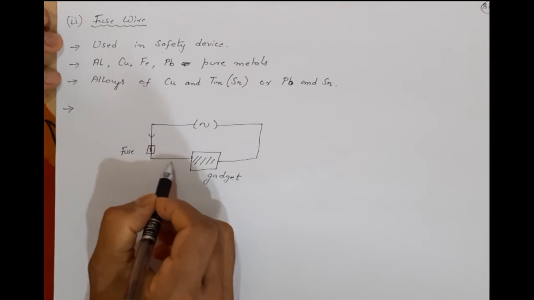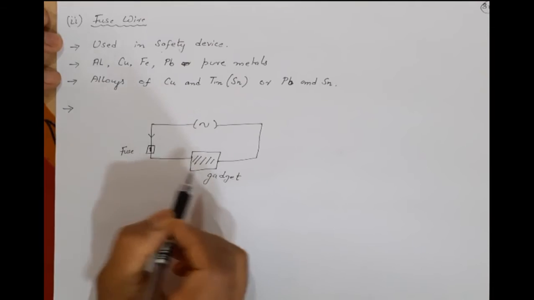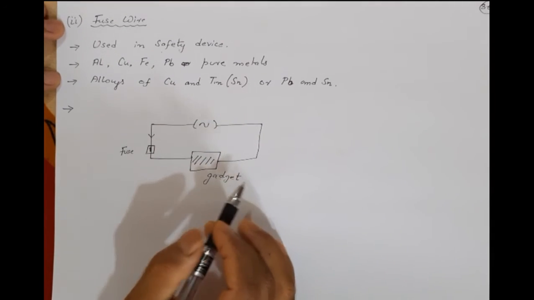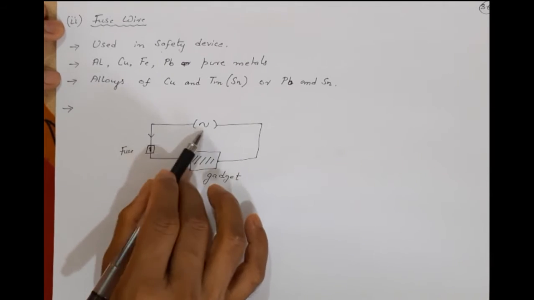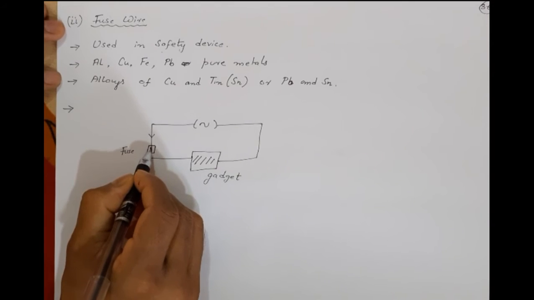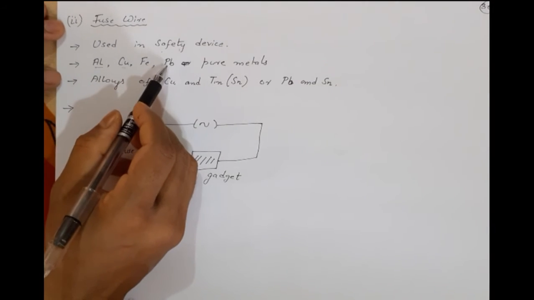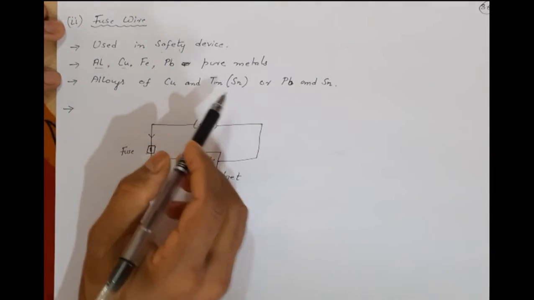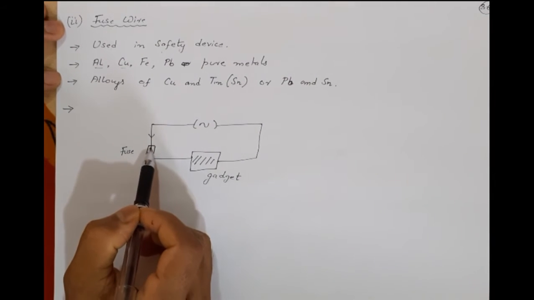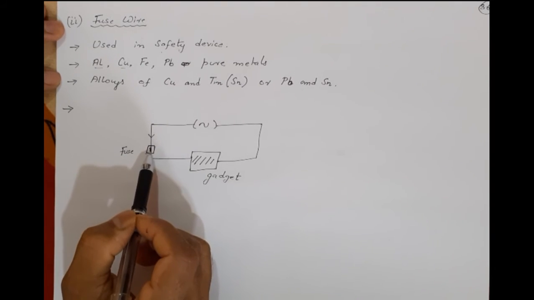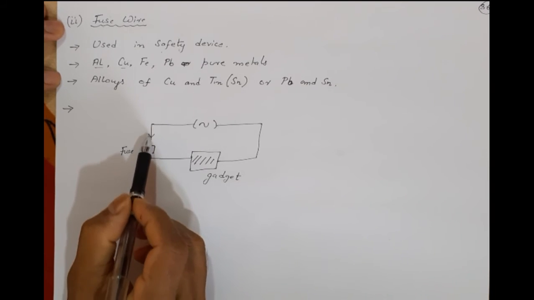Usually it runs very nicely, but once or twice in a year the current may suddenly increase. During that time we put a fuse here. In the fuse we use aluminum, copper, iron, lead, pure metals, or alloys of copper, tin or lead-tin. This is very fragile, very weak, meaning it cannot tolerate the heat produced due to the current.